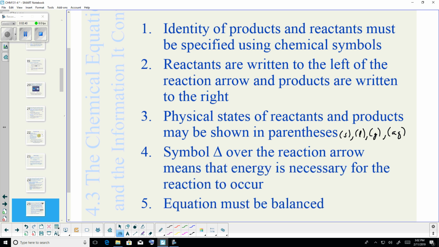If you have a triangle over the reaction arrow, it means that energy is necessary for the reaction to occur. So in our little reaction over here, obviously, if I want to make a cake, I got to put it in the oven. An equation must be balanced.